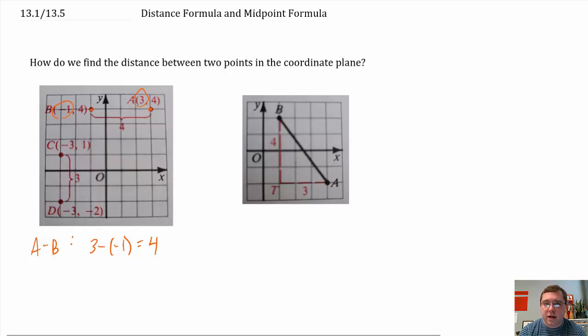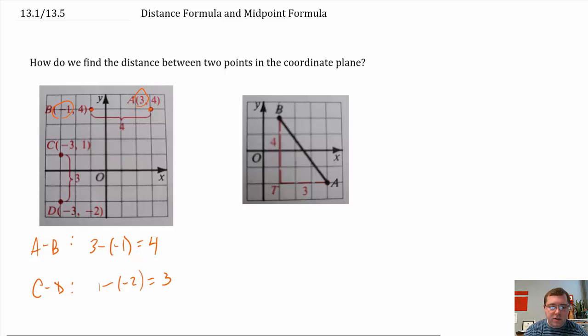So the y-coordinates don't matter, just work with the x-coordinates. C and D are on the same vertical line, so their x-coordinates are the same, so we'll just subtract their y-coordinates. 1 minus -2, and that'll be 3.